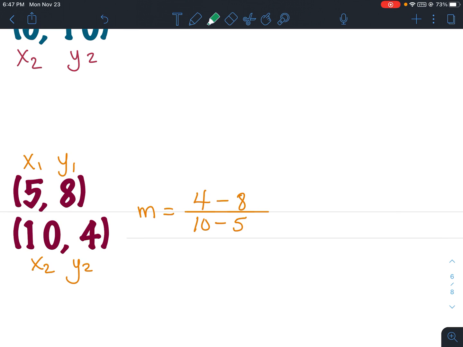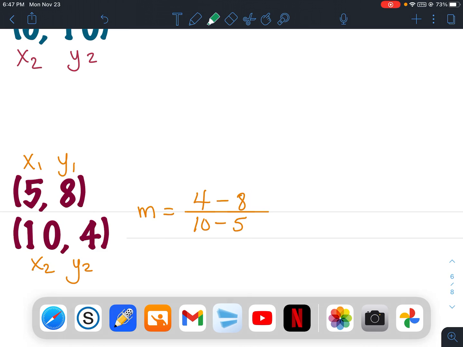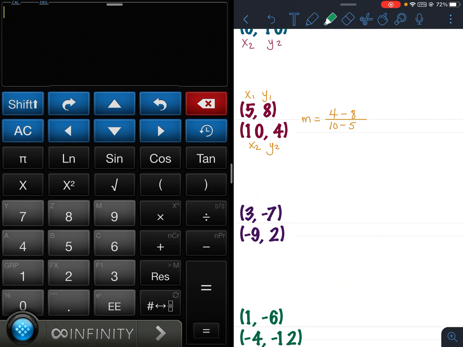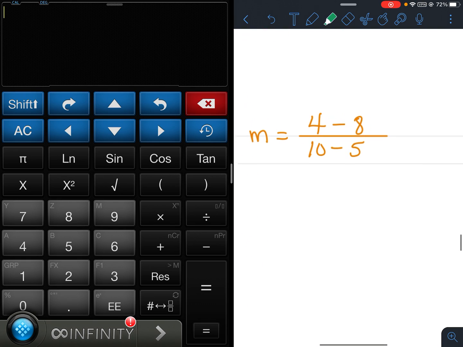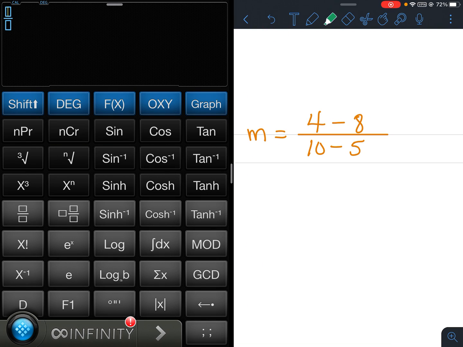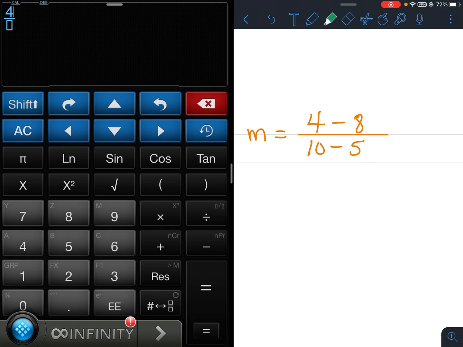Okay. Pull up my calculator. All right, I'm going to just put the whole thing in at once. So I'm going to start by putting the fraction button. And then on top, it's going to be 4 minus 8. On the bottom, 10 minus 5. Hit that fraction button.